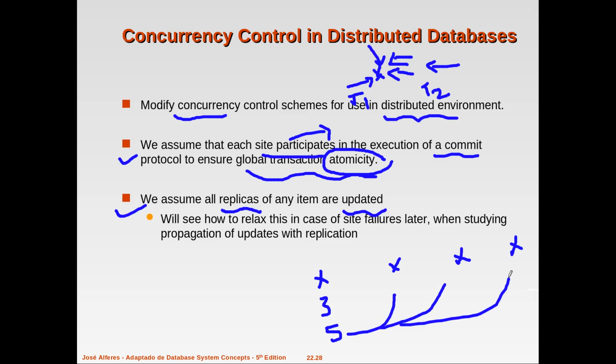That provision must be there when we apply a distributed transaction in a distributed environment. So we are taking two assumptions. First, every site must participate in a commit protocol, and second, the replicas of the same data item must be updated as and when the transaction finishes.